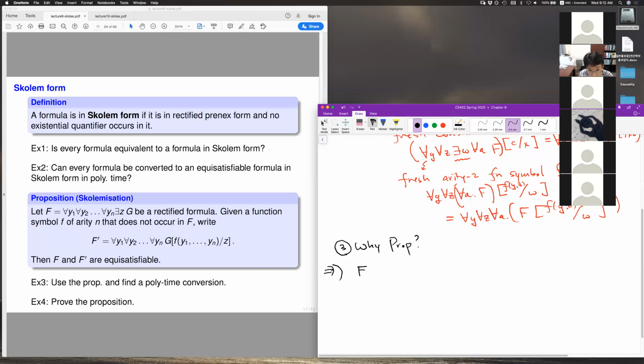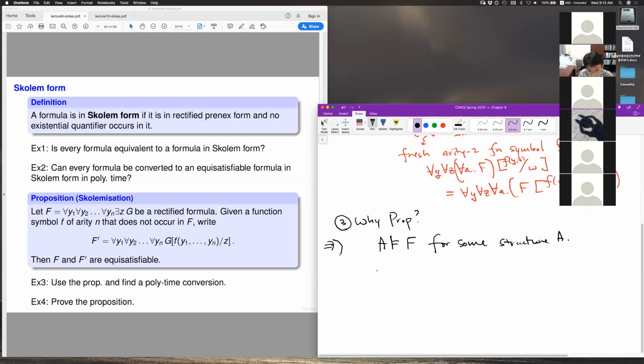So suppose F is satisfiable, which means there is a structure A such that A satisfies F. Now what we have to do is find some structure A prime such that A prime satisfies this new formula F prime.